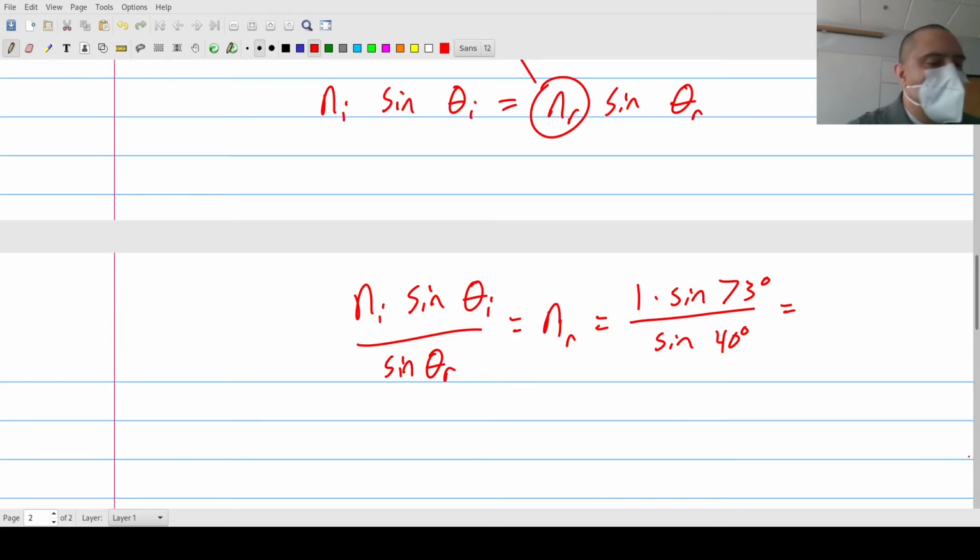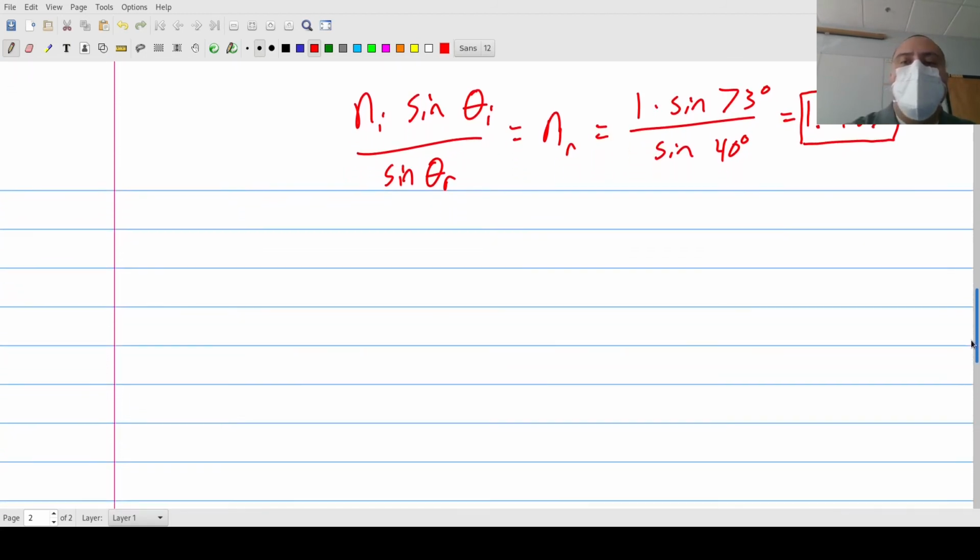When I do this, I get 1.487. You'll notice that the units of degrees and degrees go away, so there are no units here. Index of refraction is a unitless number. That means this has an index of refraction of 1.487, which is fairly close to the agreed upon value for acrylic. You can look it up.